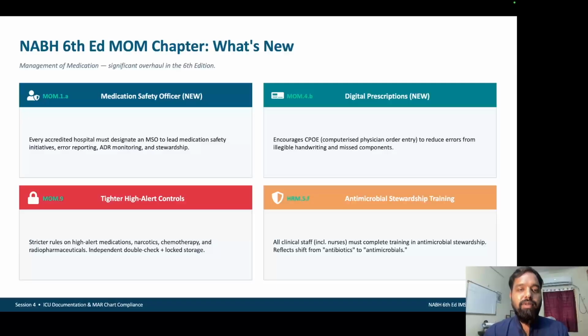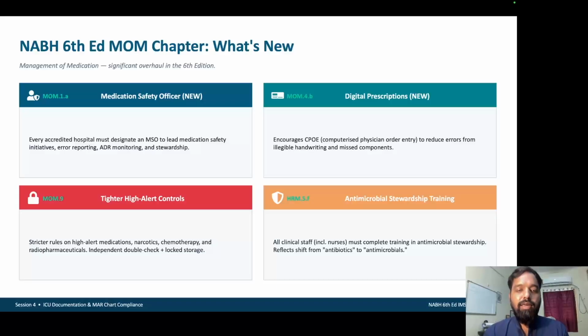The medication safety officer. Every accredited hospital must designate an MSO, medication safety officer, to lead medication safety initiatives, error reporting, ADR monitoring, and stewardship. The digital prescription encourages CPOE, computerized physician order entry, to reduce errors from illegible handwriting and missed components.